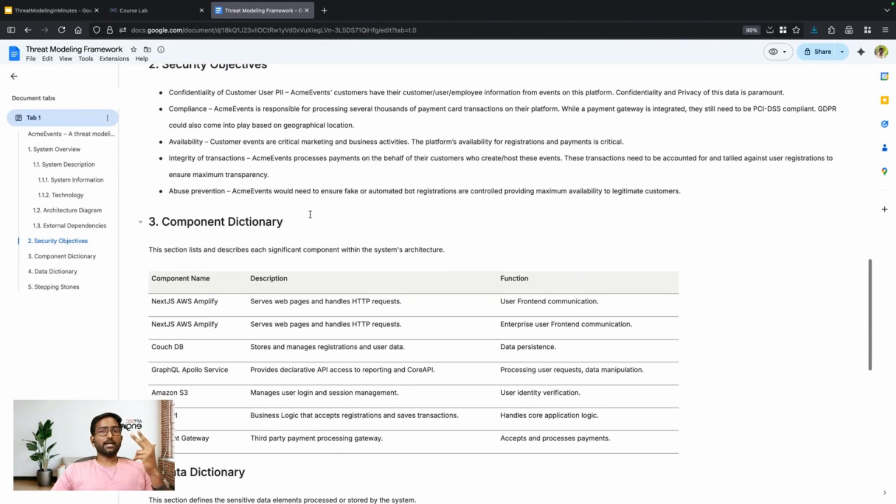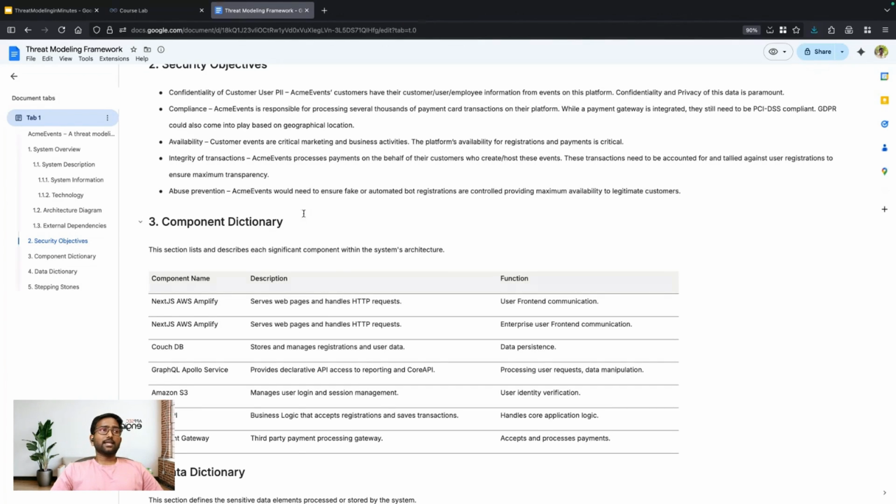Third is availability. Again, the reason that large organizations are using Acme Events is to ensure that all of their customers and all of their users are able to sign up in an easy to do fashion. And to do that, my application should always be running. And because I am open to a large audience, I should also ensure that I'm not vulnerable to DDoS attacks.